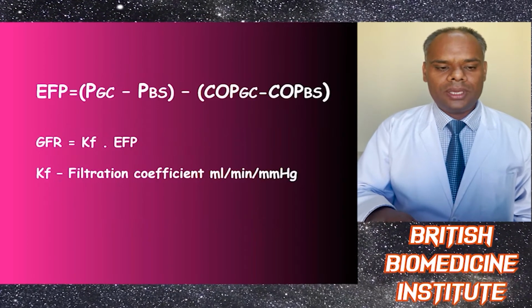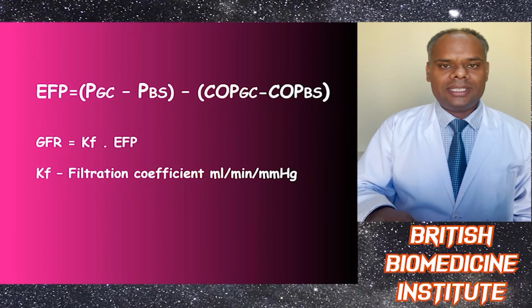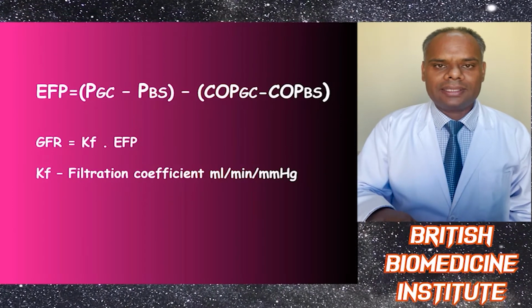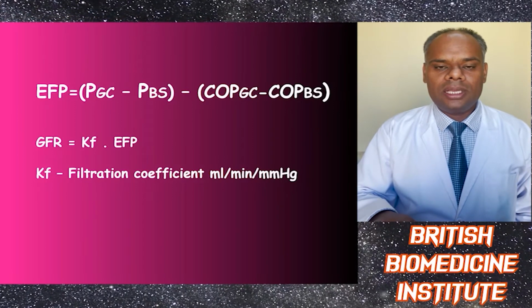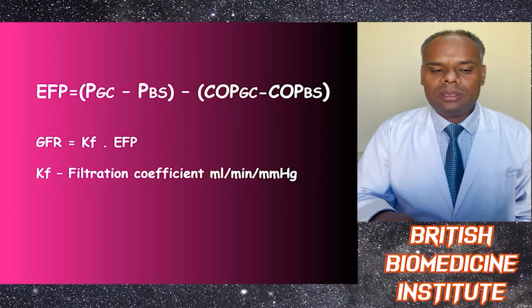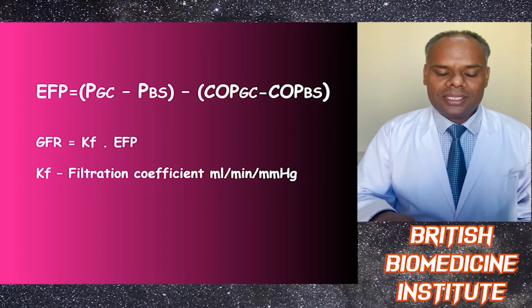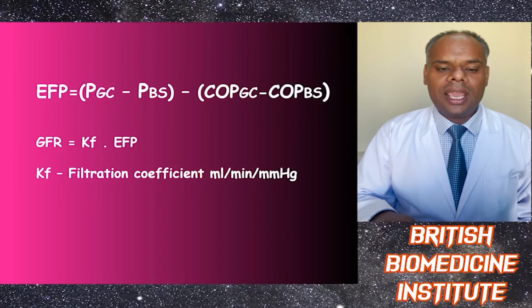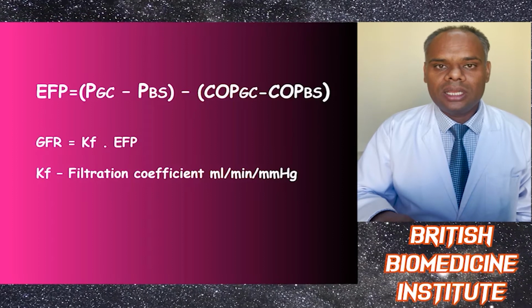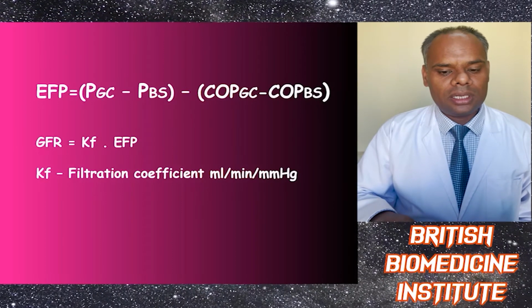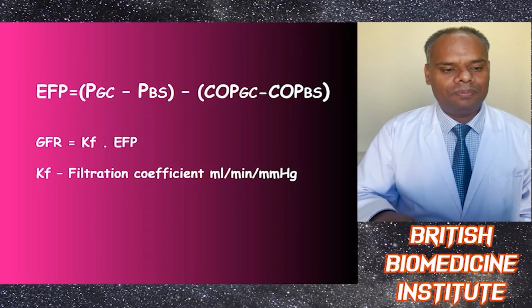EFP is equal to PGC minus PBS, which can lead to COPGC and COPBS. So GFR is equal to Kf times net filtration pressure. Kf here means the filtration coefficient, in milliliters per minute per mmHg.